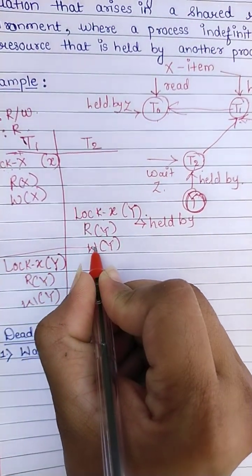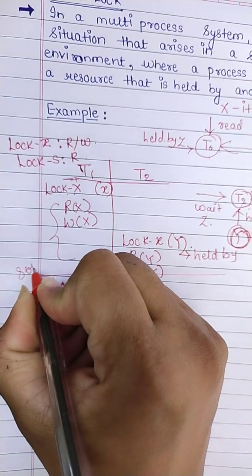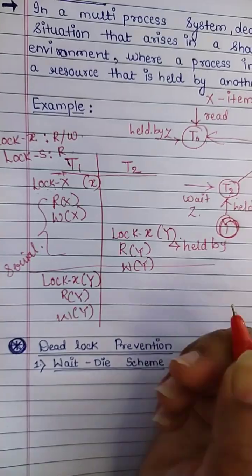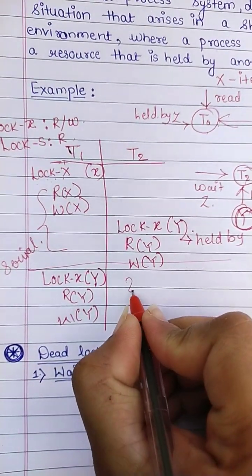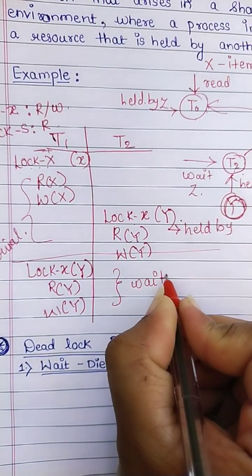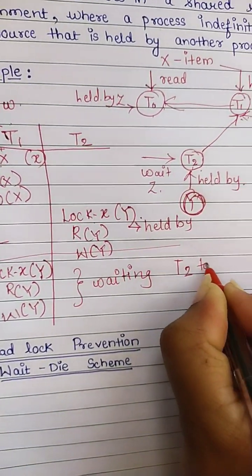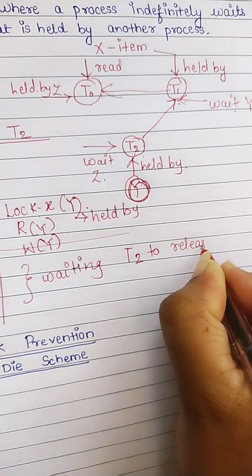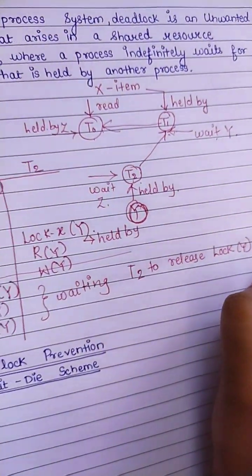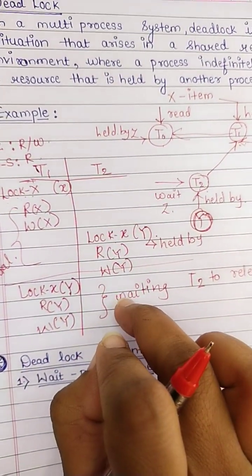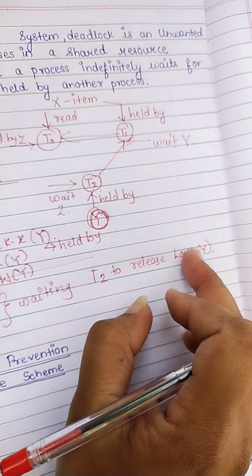So T1 is waiting for T2 to release the lock on Y. It is waiting for the T2 transaction to release data item Y.